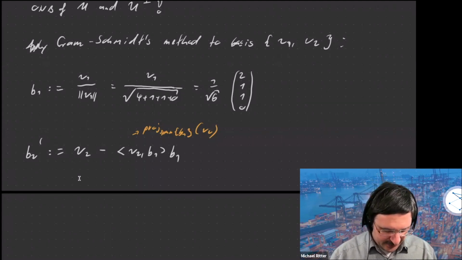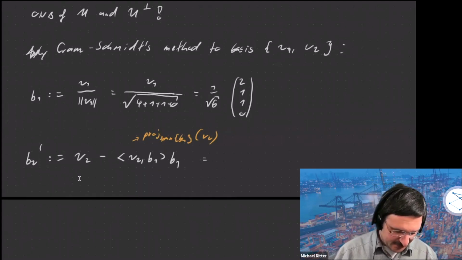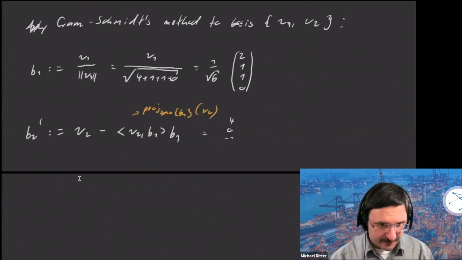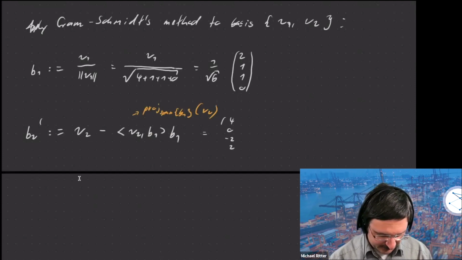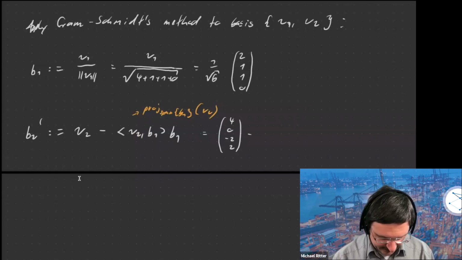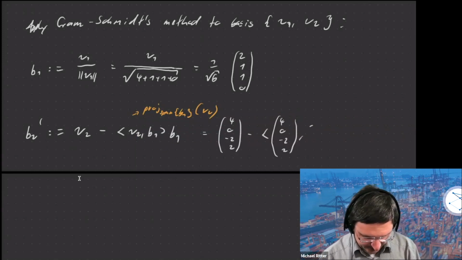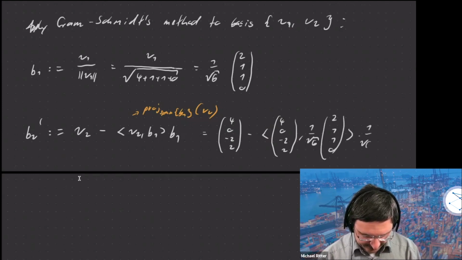Let's see, the points that we have: v2 was 4, 0, minus 2, 2. And then we're subtracting the scalar product of 4, 0, minus 2, 2 with 1 over the square root of 6 times 2, 1, 1, 0, times 1 over the square root of 6 times 2, 1, 1, 0.